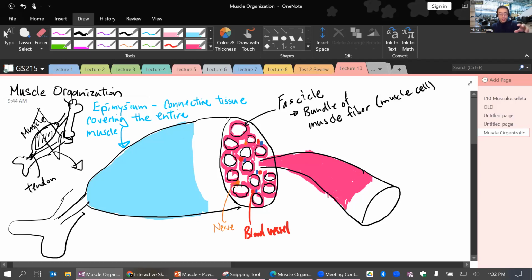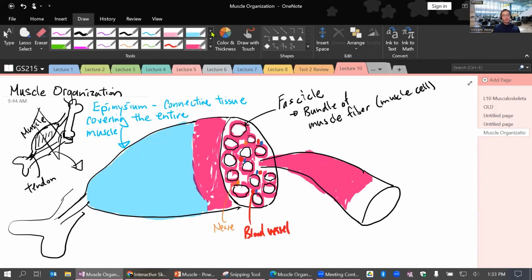Okay, so look, listen, right? Look at the blue stuff here again. If I peel away the epimysium, roll it back, immediately beneath it would be this pink stuff that I'm trying to draw. Can you visualize that? Because all of these fascicles are surrounded by this pink layer. So outside of that would be the epimysium.